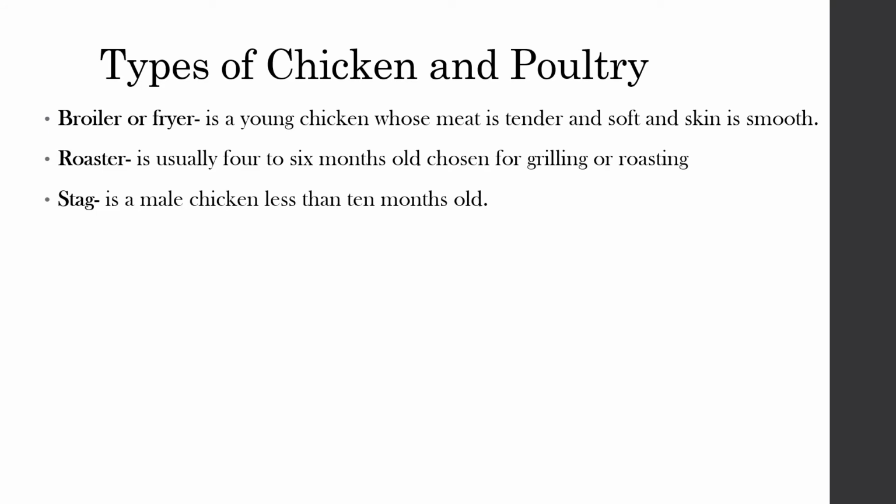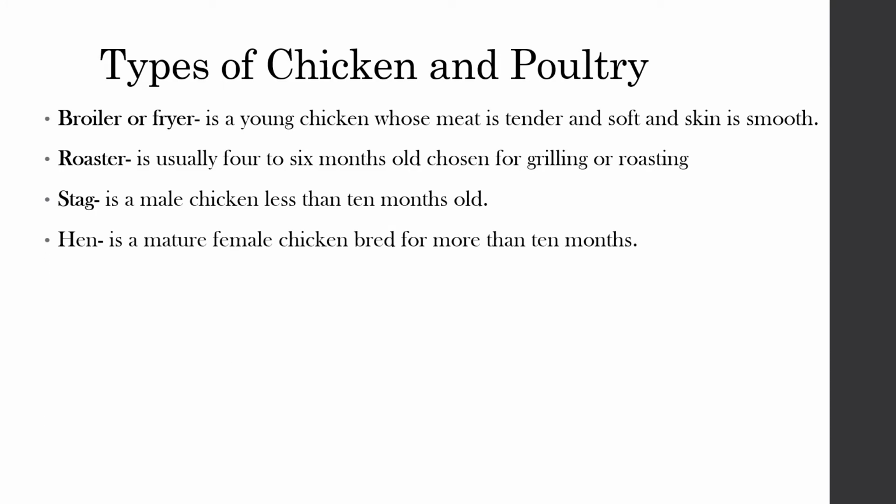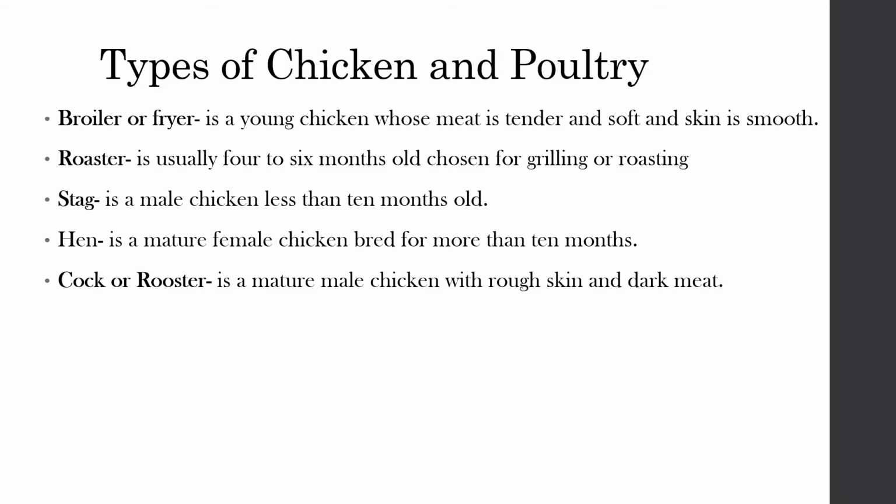We have the stag, a male chicken less than 10 months old. As for the hen, it is a mature female chicken bred for more than 10 months. To be called a hen, it must be 10 months old or above.